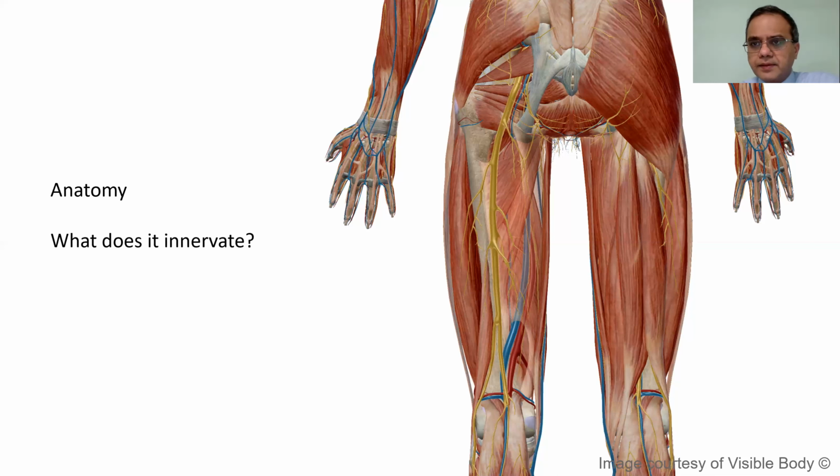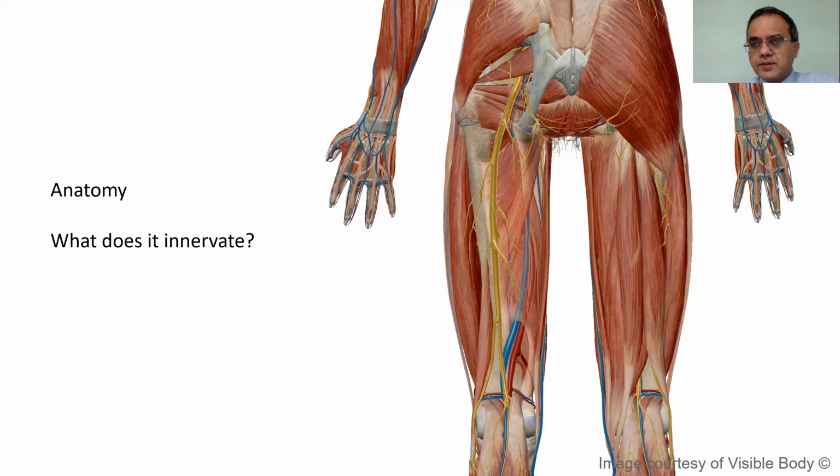So what does sciatic nerve innervate? Sciatic nerve is the main nerve below the knee. So it will carry the majority of sensation from below the knee, as well as supply the muscles below the knee.